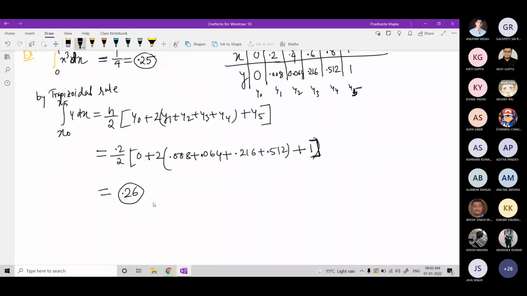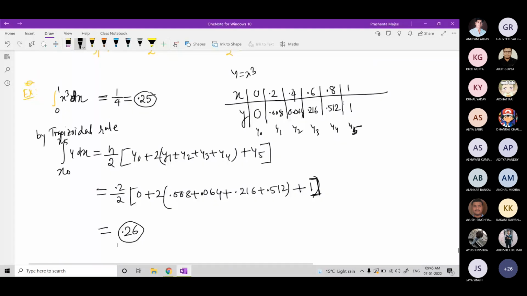Now next question, can we apply Simpson's 1/3 rule to this data which we have created? Can we apply Simpson's 1/3 rule here? What is your answer?